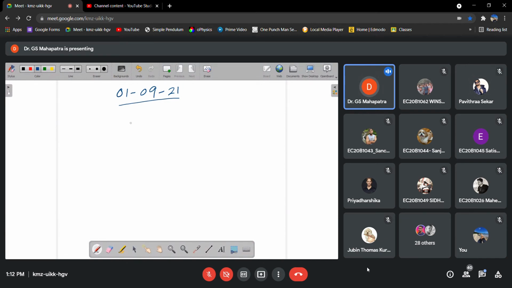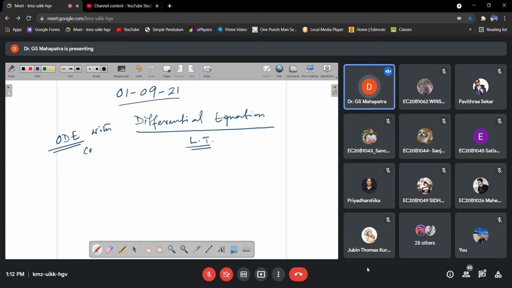Differential equation. You already know how to solve differential equations using different techniques. Our target in this class is to solve them using the Laplace transform. First, the ordinary differential equation with constant coefficients, which we have already discussed.